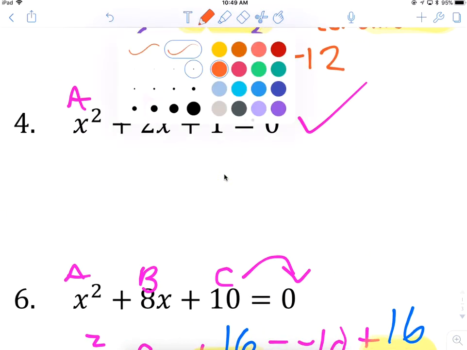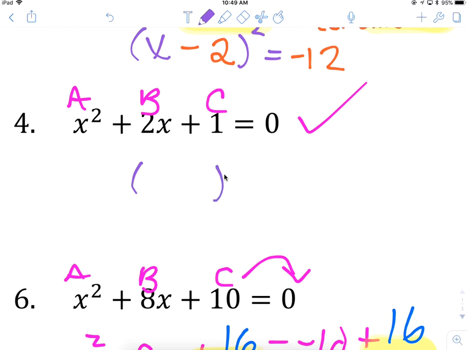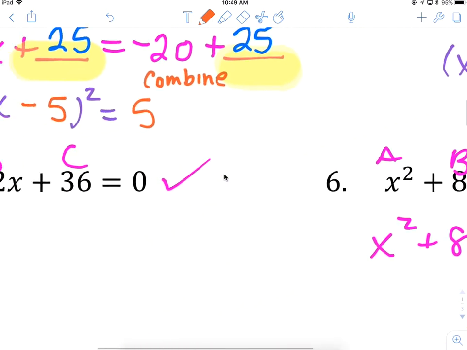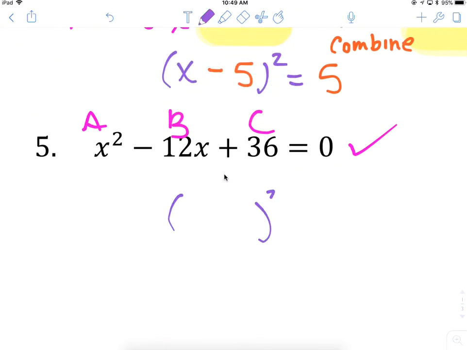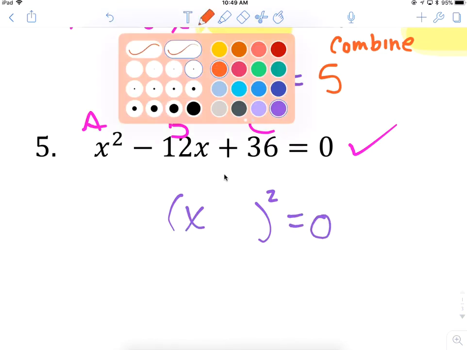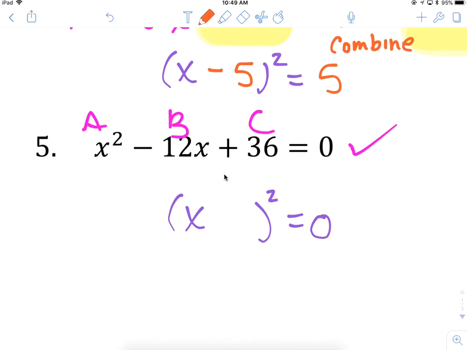Okay, number 4 was pretty much done for us. We didn't have to do much, so we're keeping the 0, nothing to combine, keeping the x. And then what was half of b? It was a plus 1. Number 5 was already done for us also, so if we're setting it up, we're keeping the 0, there was nothing to combine. Half of my b was a minus 6.